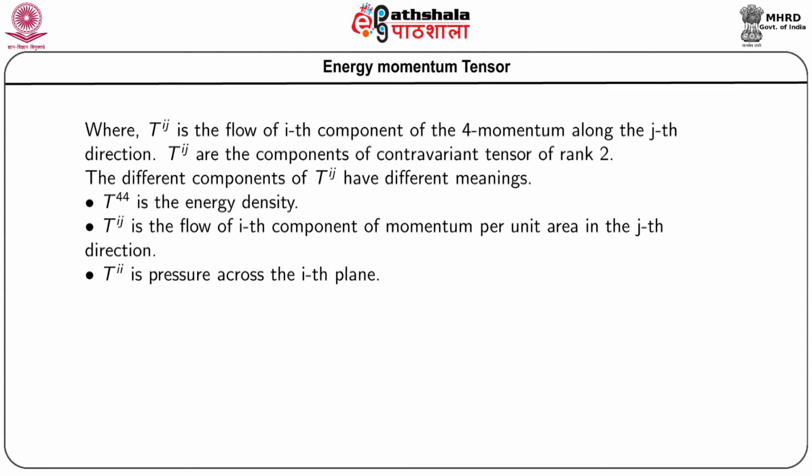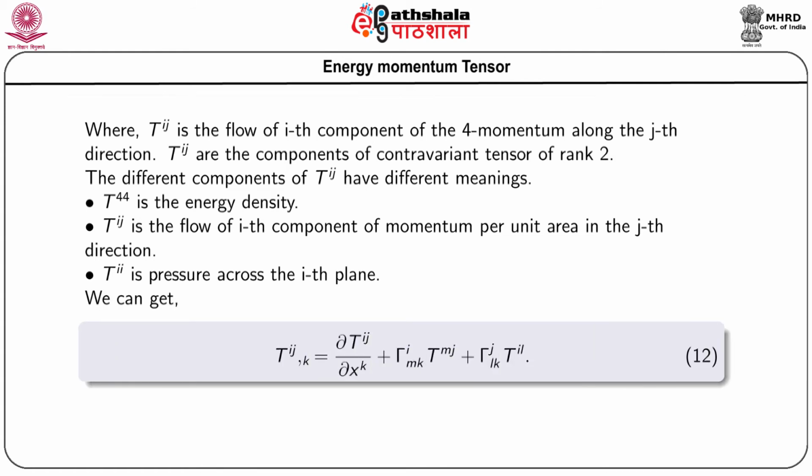T^44 is the energy density, it expresses the energy density. T^ij is the flow of the ith component of momentum per unit area in the jth direction, and T^ii is pressure across the ith plane.